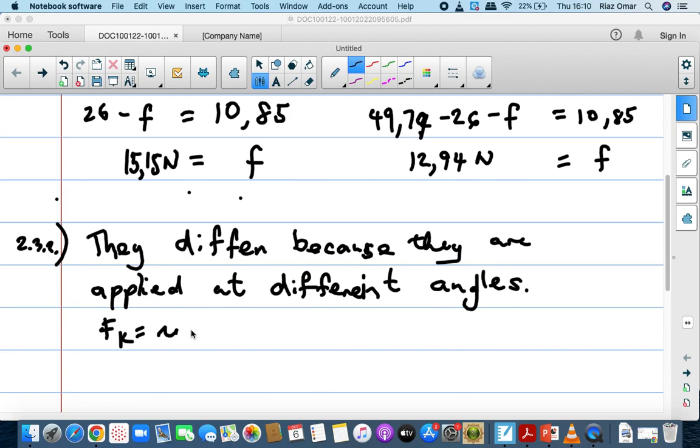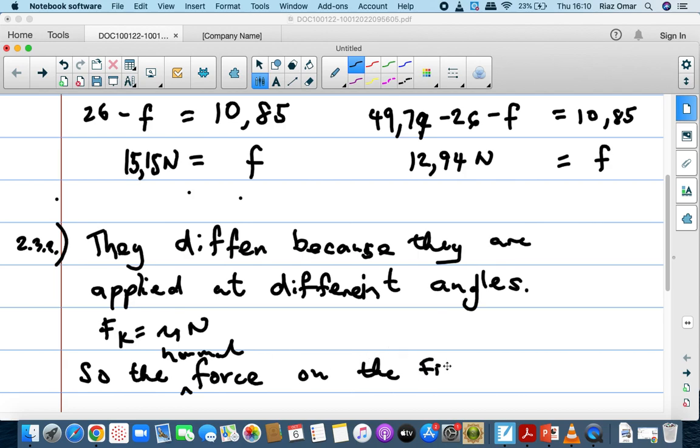Fk equals mu N, and we can say the normal force on the first block is smaller than on the second block.